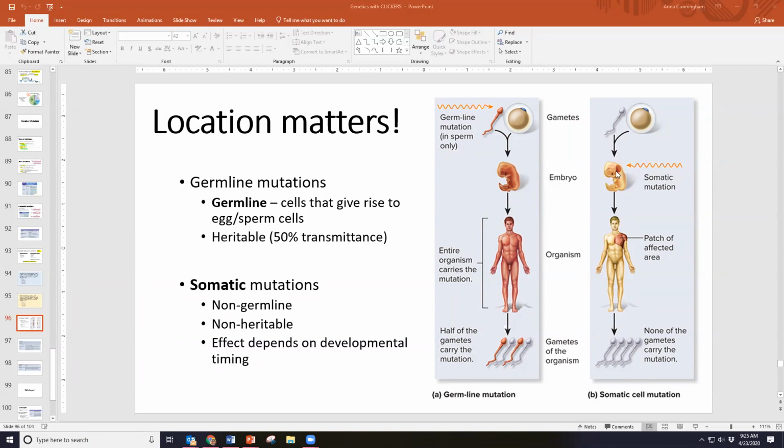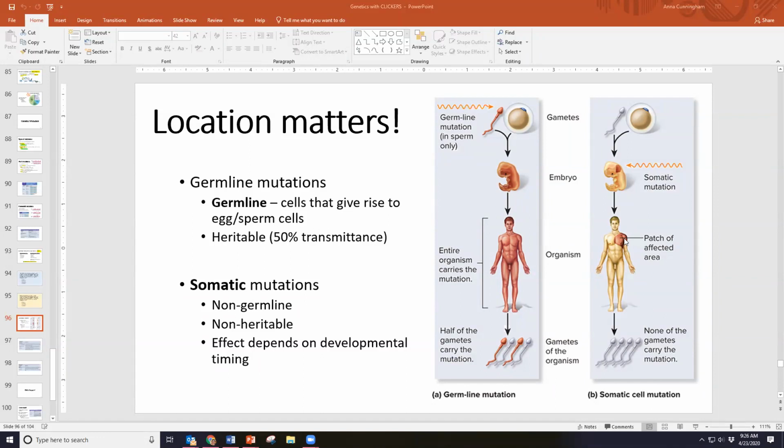You can see that mutation occurs in a clump of cells right here. Then that embryo keeps differentiating into a fully formed organism. It would be that area of cells, or whatever that area of cells will lead to, that has the mutation. So you can see a patch of affected area.